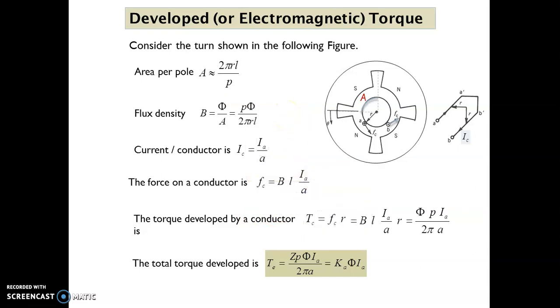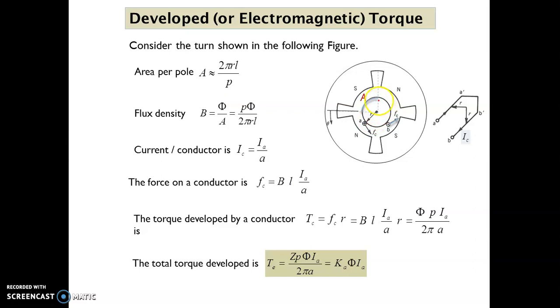This is the relation for area per pole. Consider the figure shown. Here is the conductor placed, and the cross means the direction of current is inward, and from here to here it is the radius.